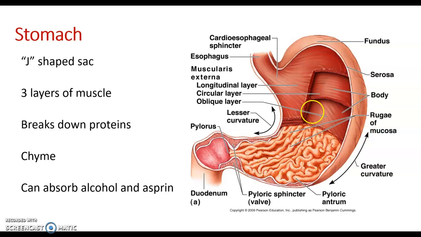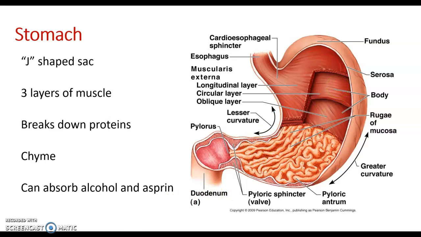We've got a sphincter, a ring of muscle on the upper end, allowing things in, and another ring of muscle on the lower end, allowing things out. And what that does is give us high control over the really acidic juices, the gastric juices that we're going to find within the stomach.